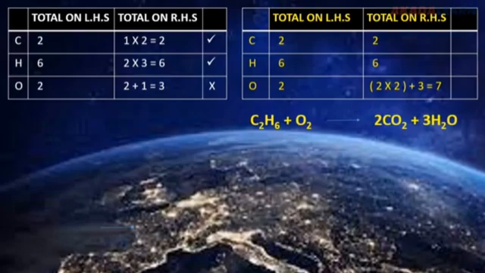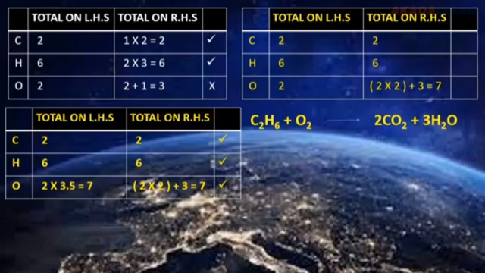If you check to your right hand side, you will see that the 2 that is multiplying O2 is giving us 4. That's what you are seeing on the table. Plus 3 that is multiplying the 1 oxygen in H2O. That will be 3. So that 4 plus 3, that will give us 7. But on your left hand side, you have only 2 oxygens.